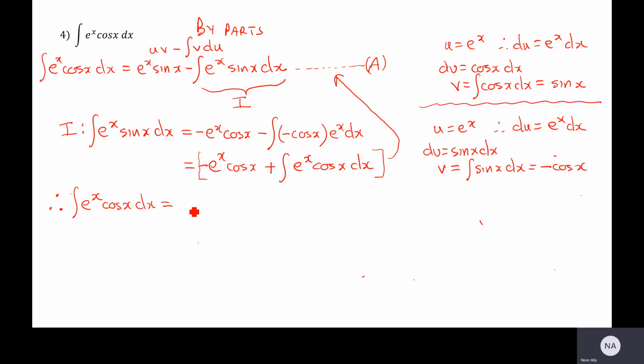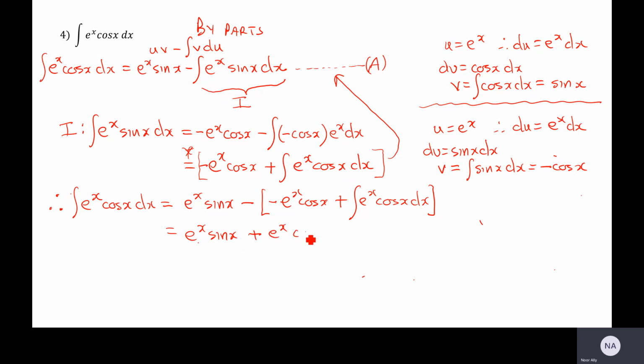Equation A is e to the x sine of x minus, now this is my I part, and I've worked out that I is minus e to the x cos of x plus the integral of e to the x cos of x dx, and that gives me e to the x sine of x plus e to the x cos of x minus integral e to the x cos of x dx.